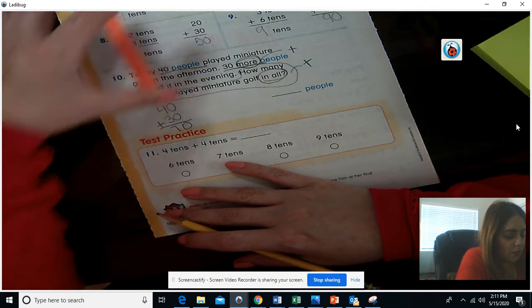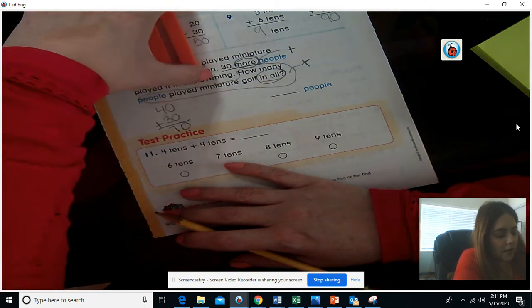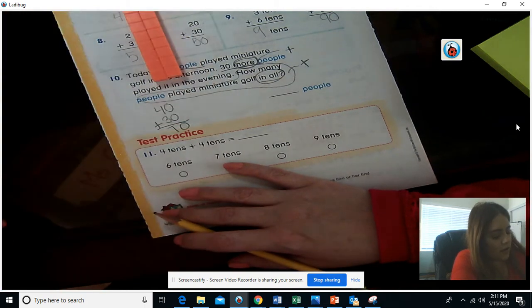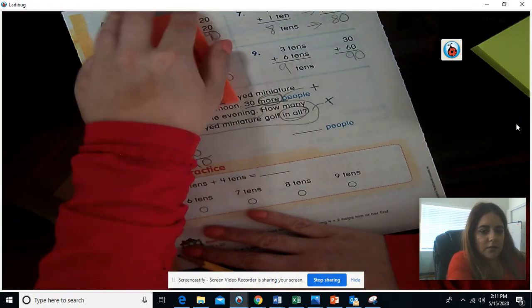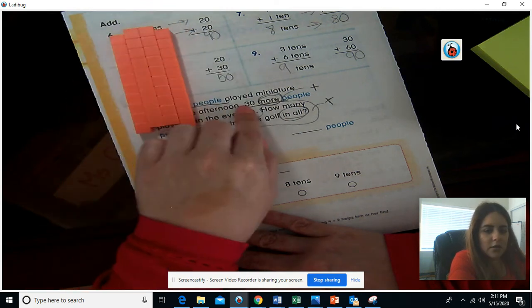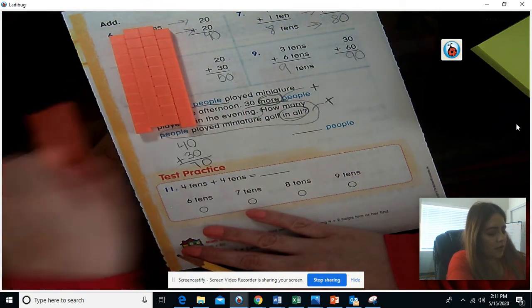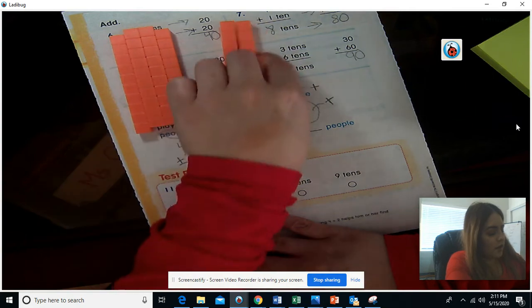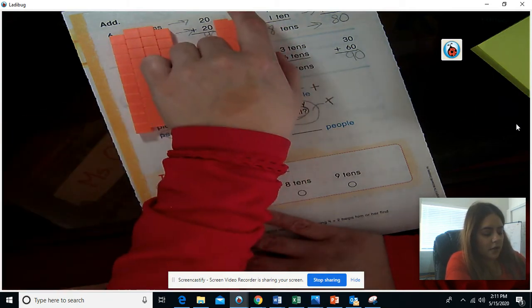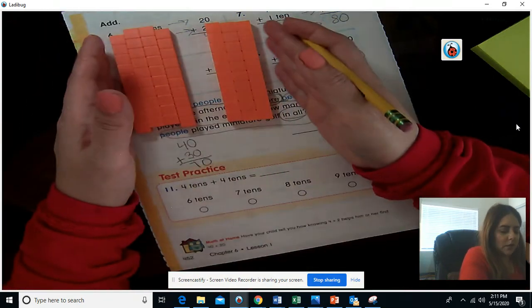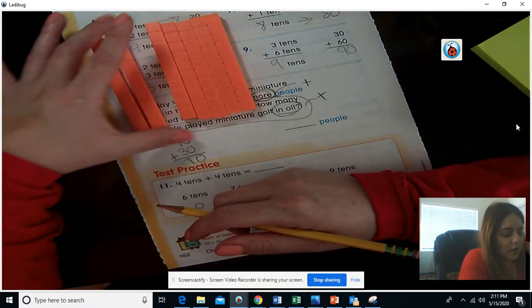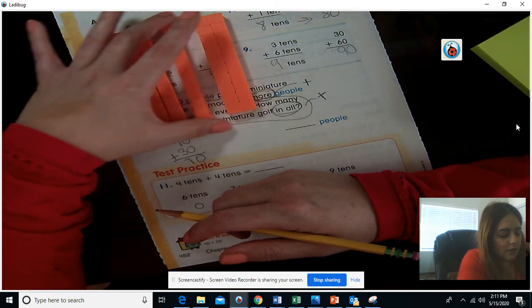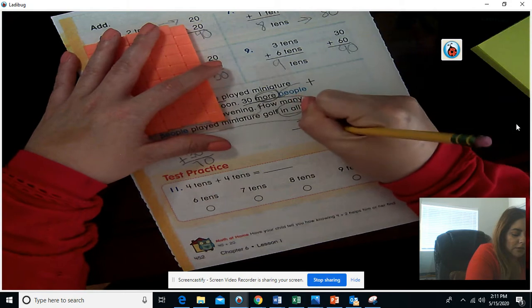So if 40 people played, 10, 20, 30, 40, and then 30 more people played, 10, 20, 30, and in all means we're going to put them all together. Let's see, we have 10, 20, 30, 40, 50, 60, 70. Yes, our answer matches, 70.